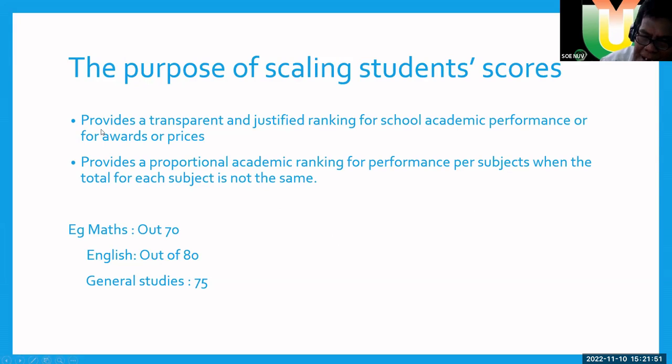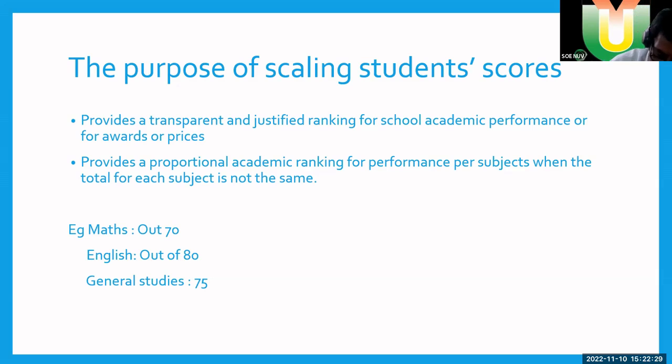First reason is to provide a transparent and justified ranking for school academic performance or for awards or prizes, especially done at the end of the academic year, in which you want to rank your students and award first prize, second prize, third prize, or even subject prizes. Maths award, English awards, general studies, and so on, or otherwise the overall performance across all subjects.